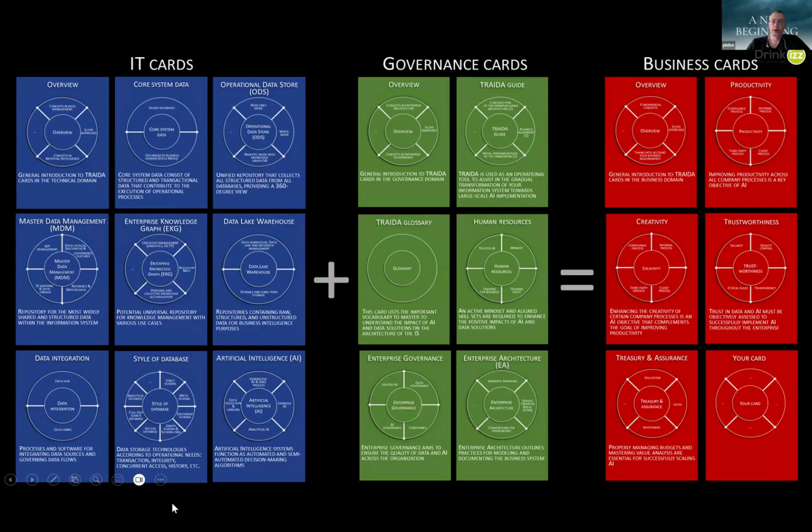So we have a list of cards. So you have here a visual with the total list of the cards. So in the IT domain, in the governance, and in the business. So for example, in the IT card, you have a card dedicated to what we name the enterprise knowledge graph.